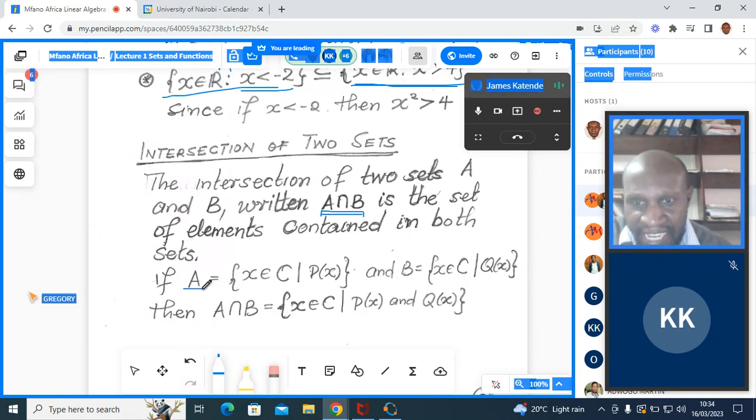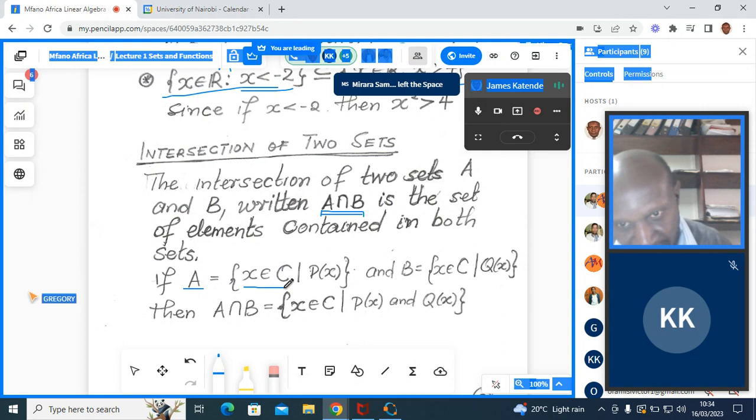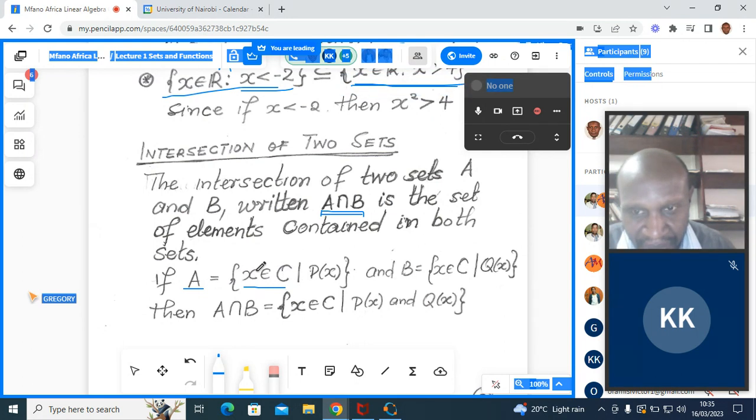So we can describe a set like this. Suppose this A is described using this: x is some element in some set C which satisfies some property.